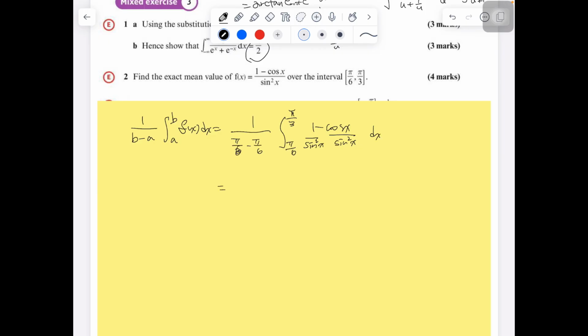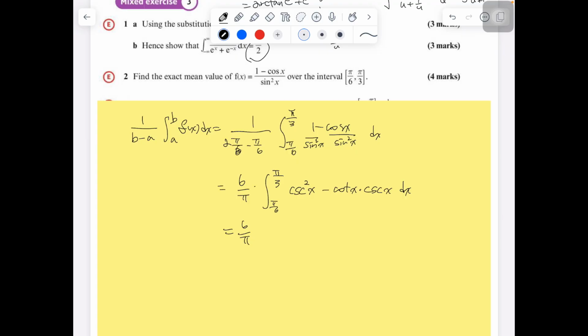So this one, pi over 3 minus pi over 6 is pi over 6, so 6 over pi. So 1 over sine squared x is cosecant squared x, minus cosine over sine squared x is cotangent of x and cosecant of x.